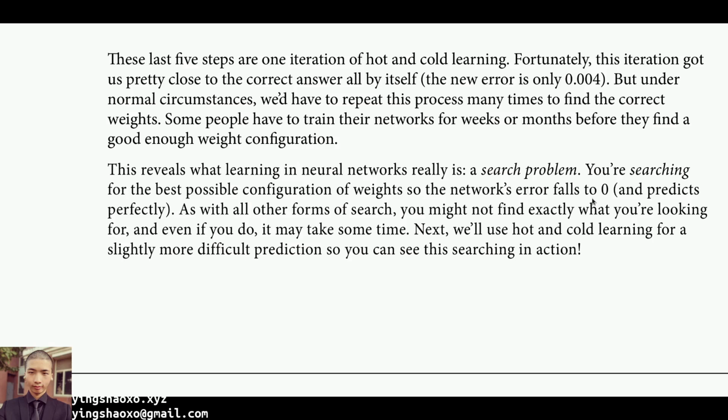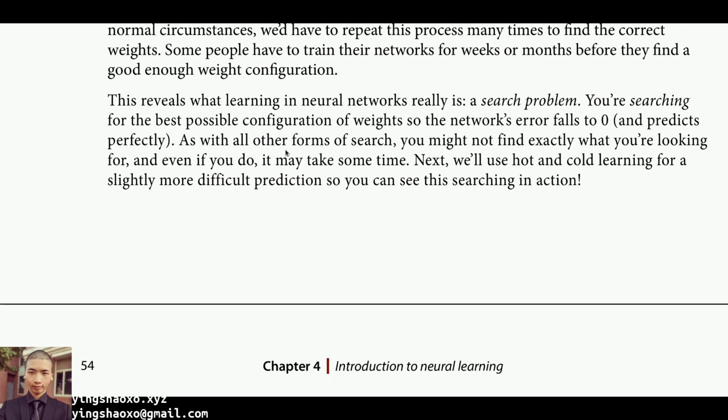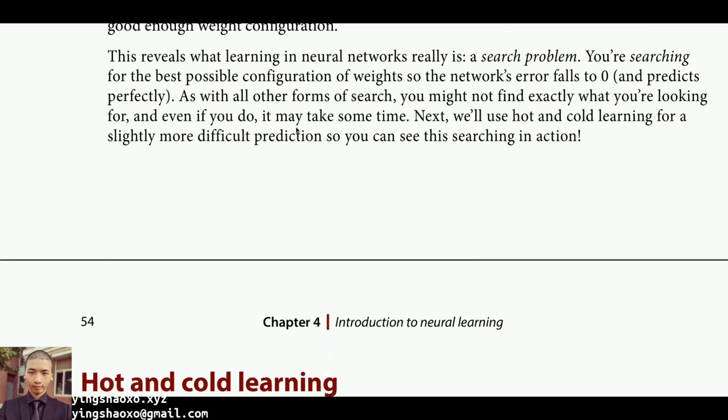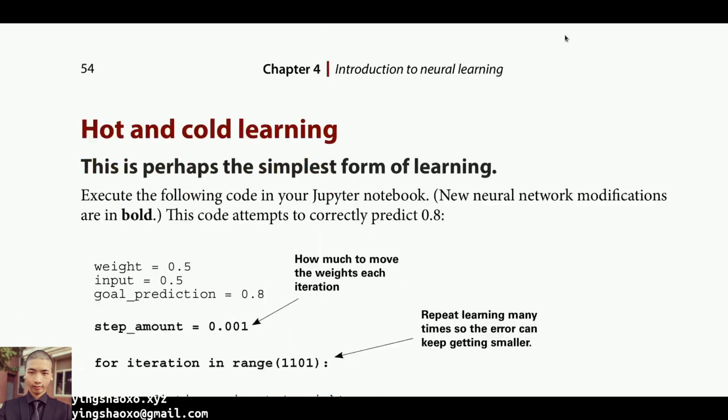You are searching for the best possible configuration of weights so the network's error falls to 0 and predicts perfectly. As with all other forms of search, you might not find exactly what you are looking for, and even if you do, it may take some time. Next, we will use hot and cold learning for slightly more difficult predictions so you can see this searching in action.